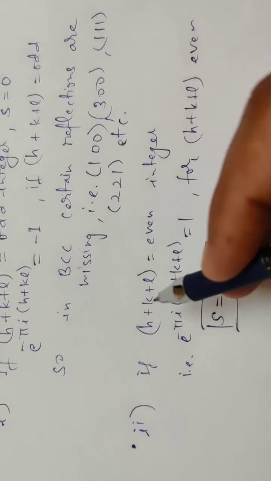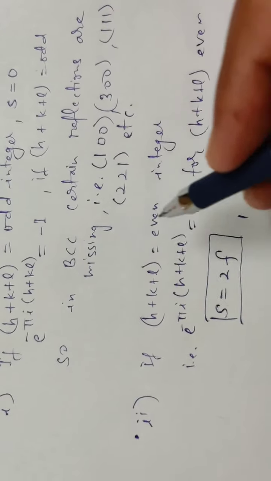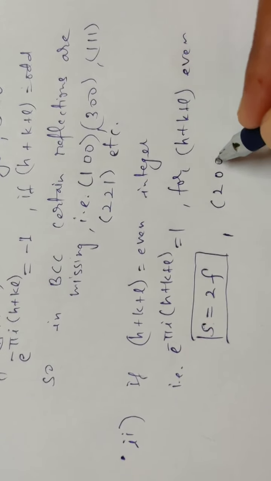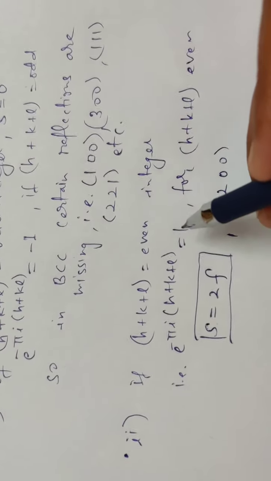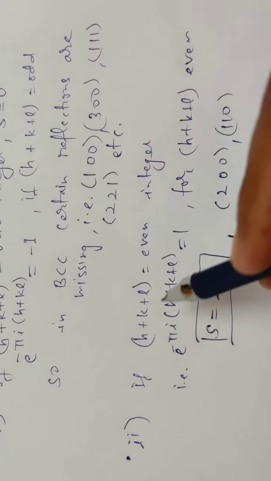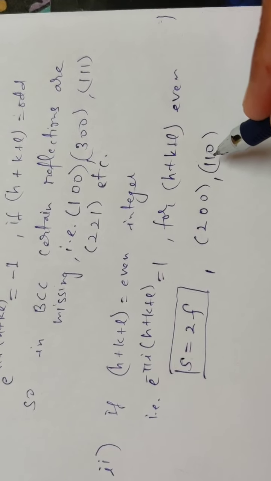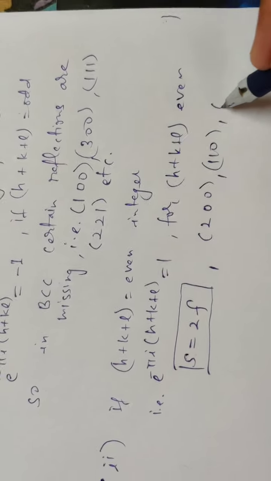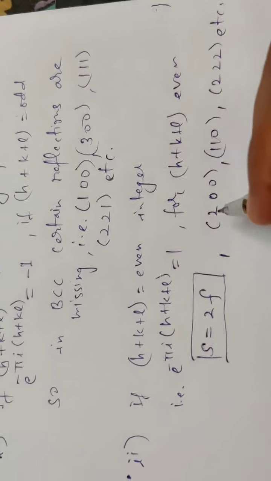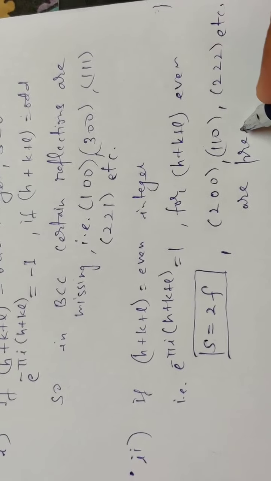Thus these even combinations of HKL reflections are present. So 2 0 0, 1 1 0, 2 0 0, etc. These reflections are present.